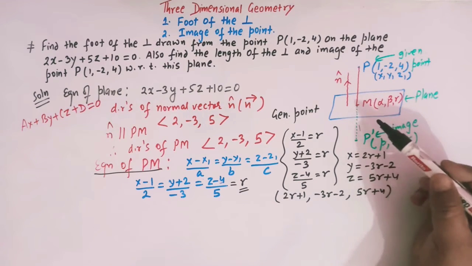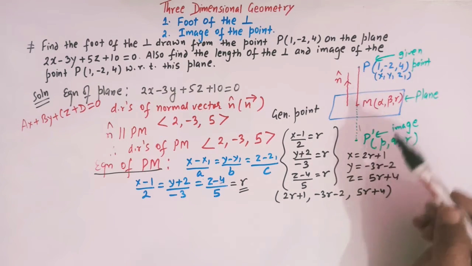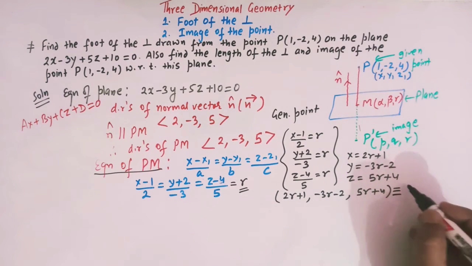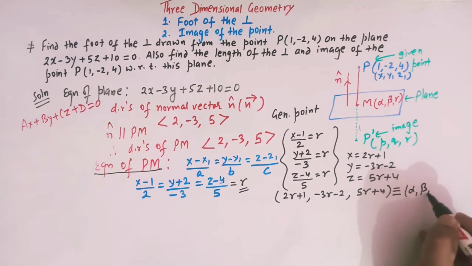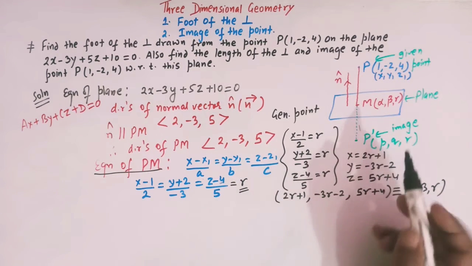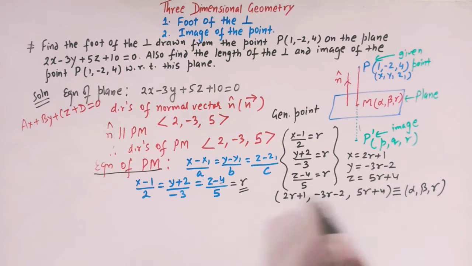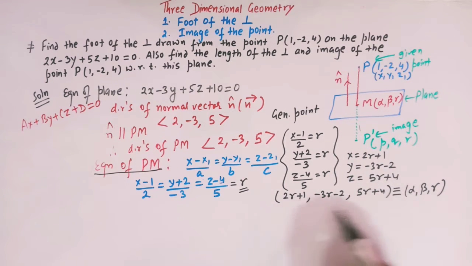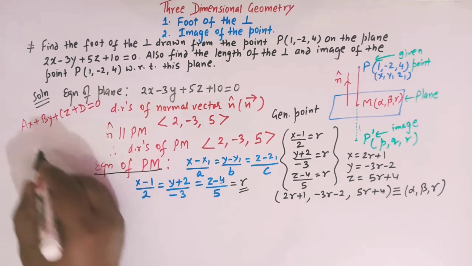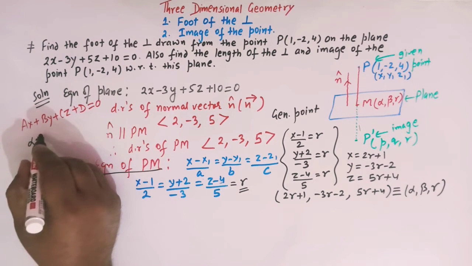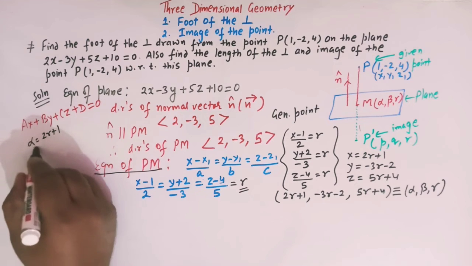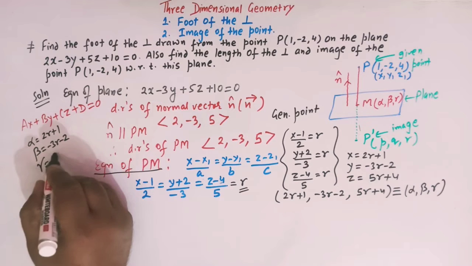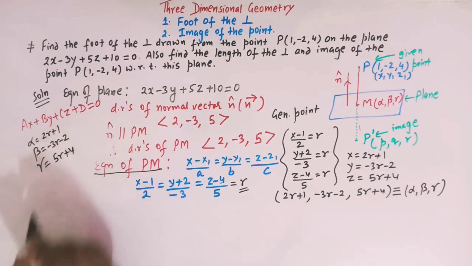And for some value of r, this general point may be this point M, that is alpha, beta and gamma, right? So for some value of r, this general point will represent this point M. And now if we compare both sides, we have alpha is equal to 2r plus 1, beta is minus 3r minus 2 and gamma is 5r plus 4, right?